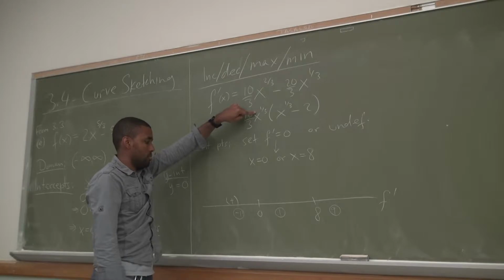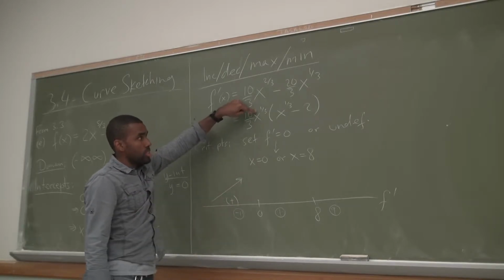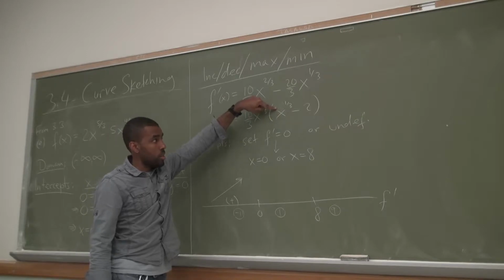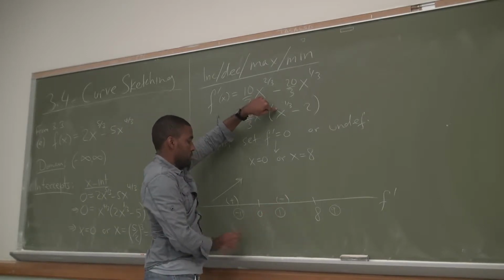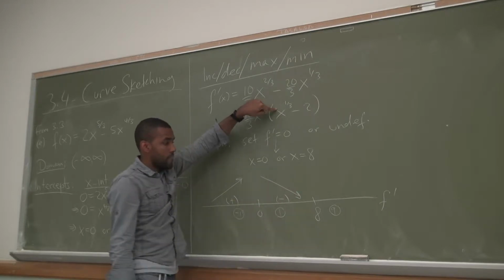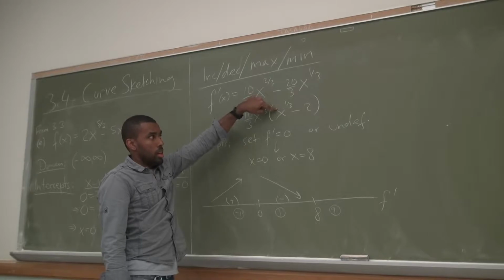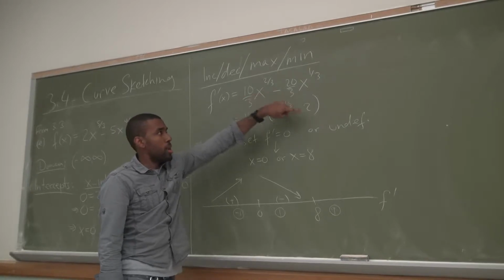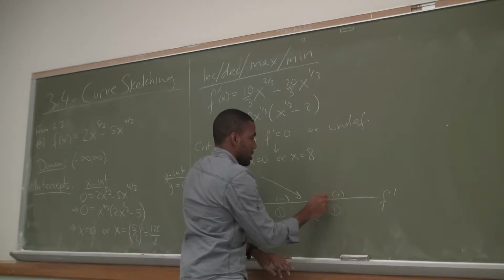What does that mean here? Increasing. Plug in 1: this is positive, and that would be negative, so it's positive times negative. That means decreasing. And you plug in 9: 9 to the 1/3 will be positive, and this factor is also positive, so this is again increasing.